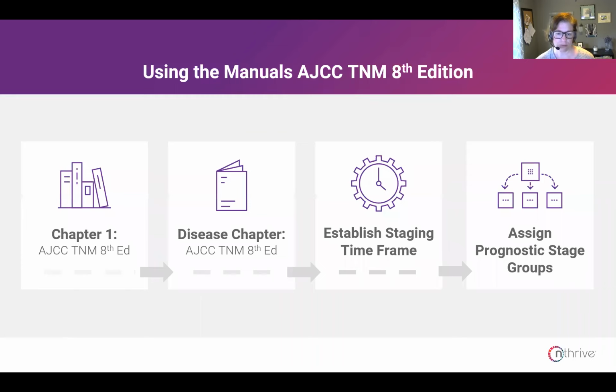Now, as for working with the TNM 8th edition staging manual, here are some step-by-step instructions, some of which we've mentioned earlier. So step 1 is chapter 1. We should start with chapter 1 because it's important to read and it mimics general instructions in our other manuals. Now, step 2, we should proceed to the appropriate disease chapter for the site being abstracted.